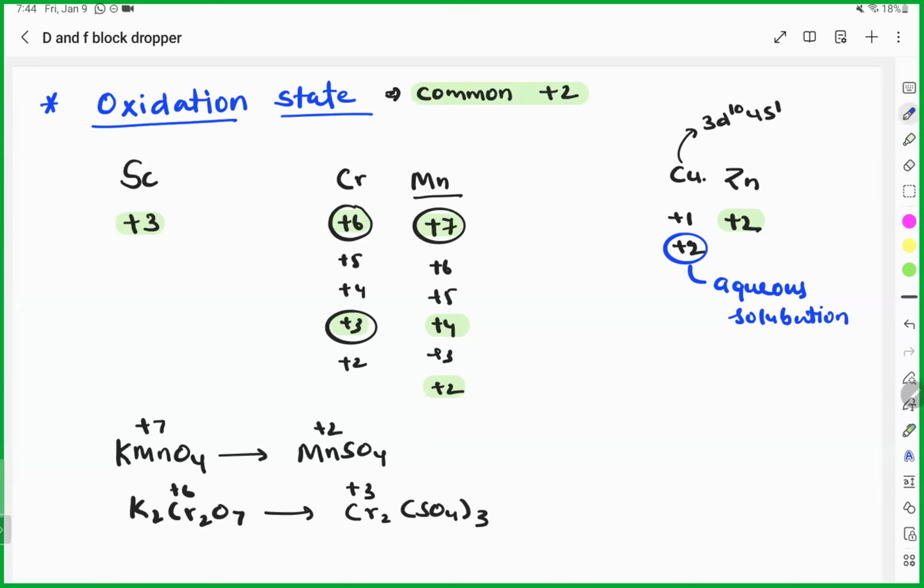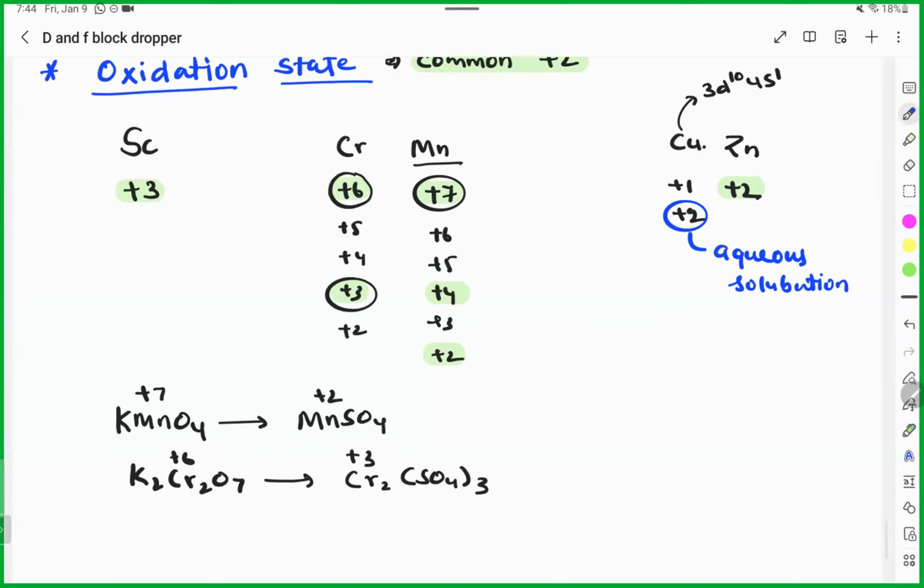One interesting comparison: if you compare d block elements and p block elements, what is the difference in the oxidation state?